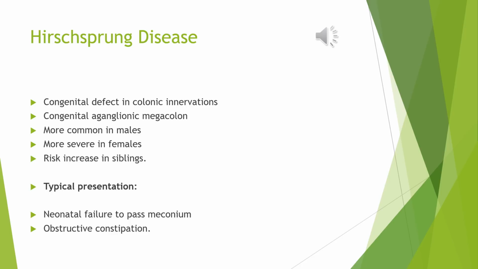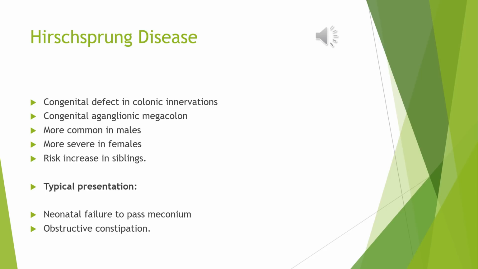So the name congenital aganglionic megacolon is a description of the disease process. The disease is more common in males, however, it tends to be more severe in females, and usually you have a family history. So when one family member is affected by Hirschsprung disease, the risk increases in his siblings or relatives.